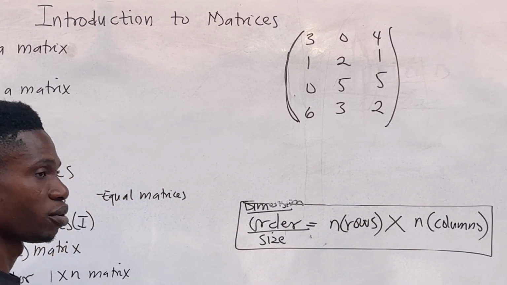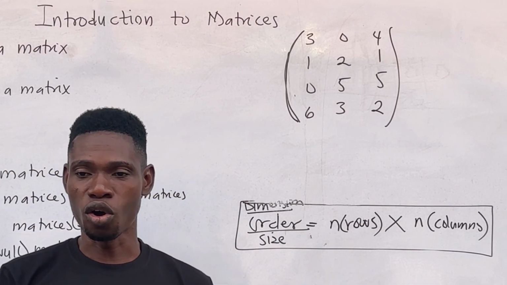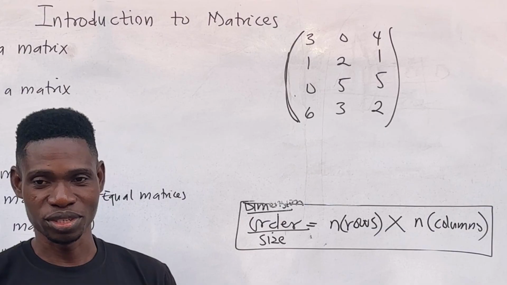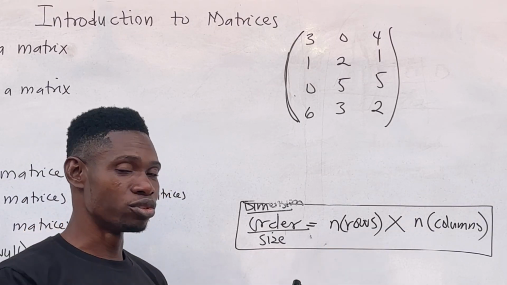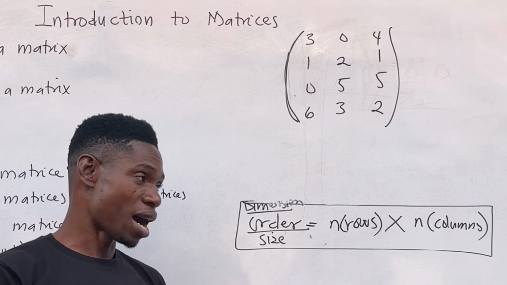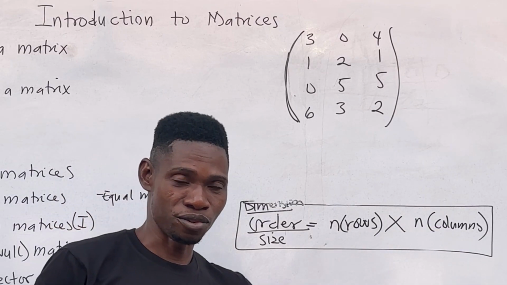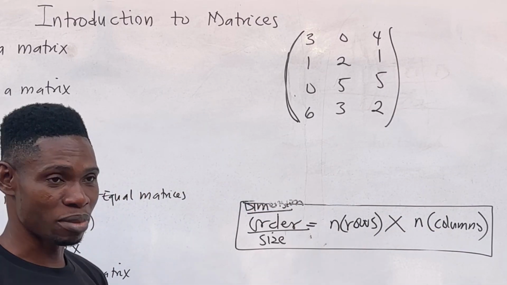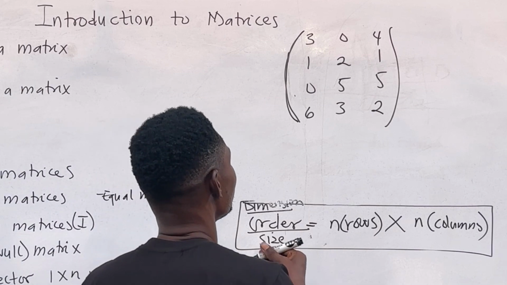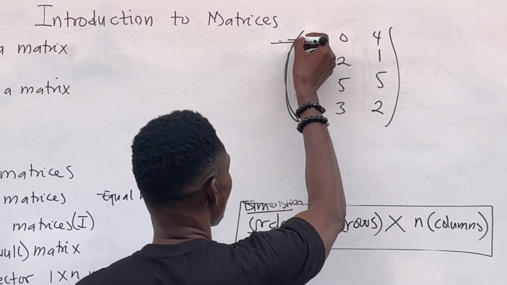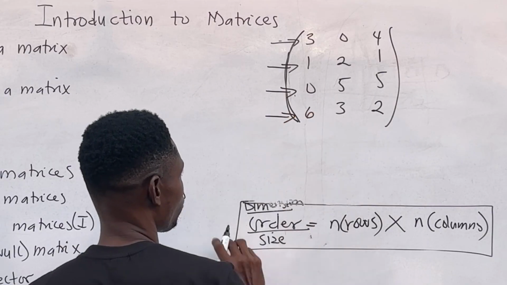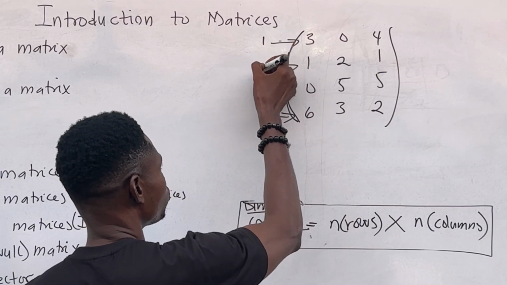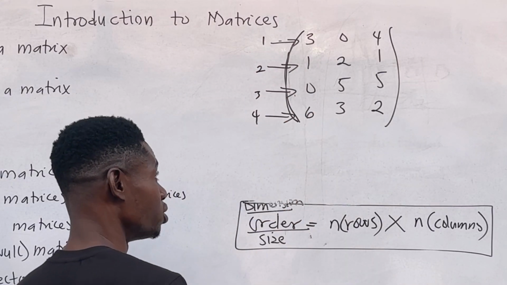Now, the question to you is, what is the order of this matrix? Remember our rule. The order is what? The number of rows first by the number of columns. So how many rows has this matrix? So let's check. This is the first row, second row, third row, fourth row. So there are 4 rows in this matrix.